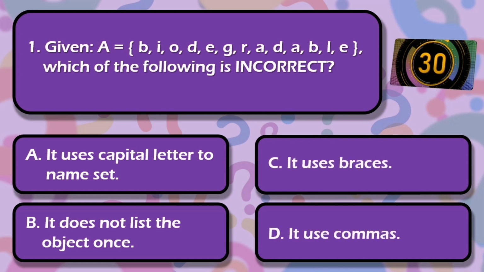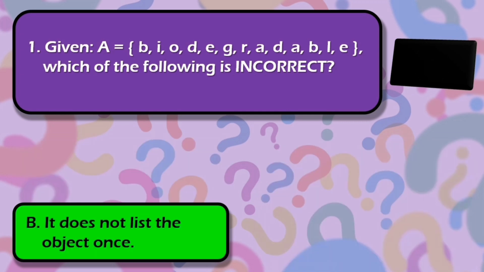D. It uses commas. Correct answer is letter B. It does not list the object once.